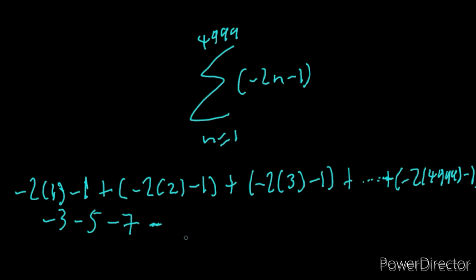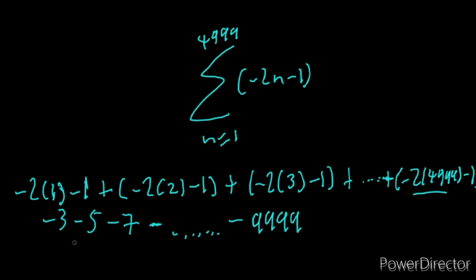So let's just say minus dot dot dot. And then finally the last term: minus 2 times this stuff, minus 1. If you type it in a calculator, you should get minus 9999.